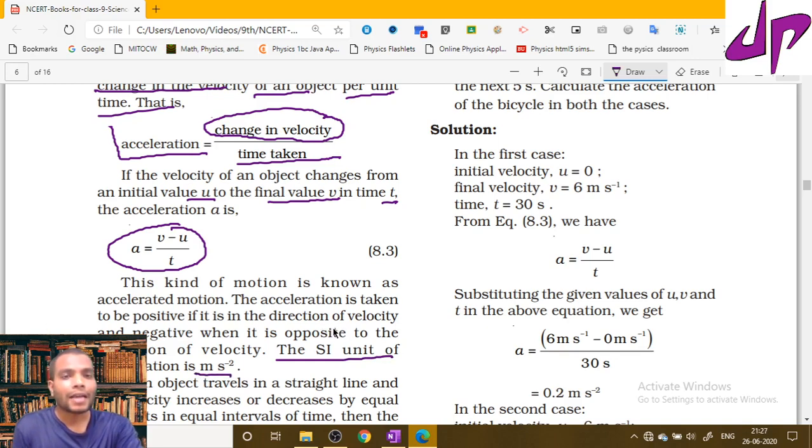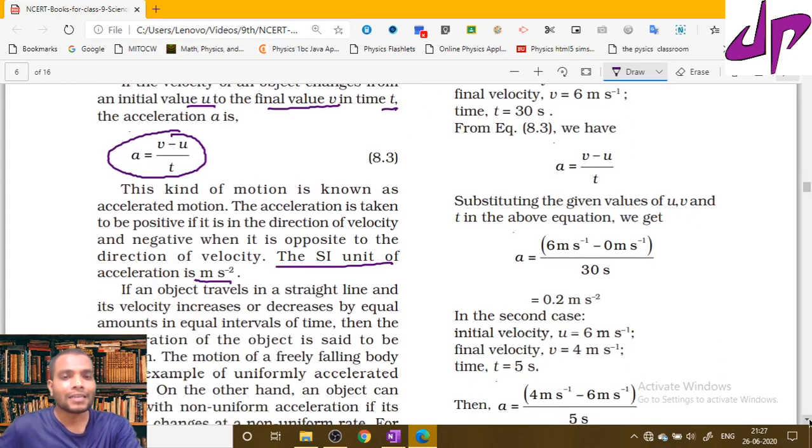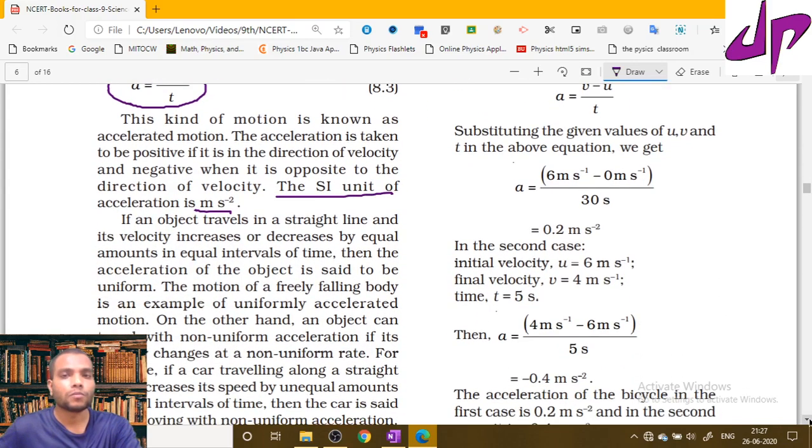Now, this acceleration is positive, or negative, or zero. What is the meaning of positive acceleration? What is the meaning of negative acceleration? We will do certain problems, then we can understand what is positive acceleration and what is negative acceleration.